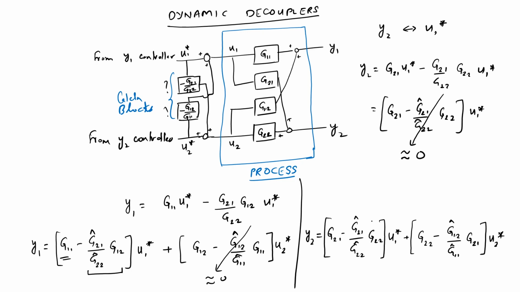And again you see this is approximately equal to 0 if the model is good, and this is the additional effect because of the decoupler that has been put in place.